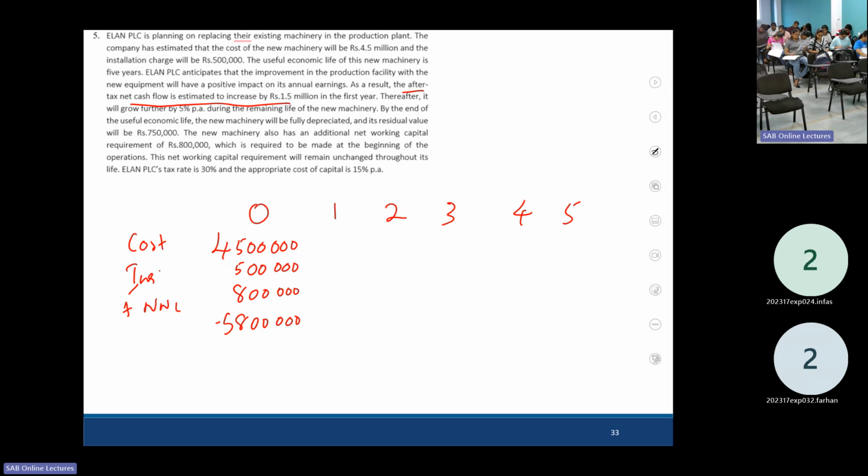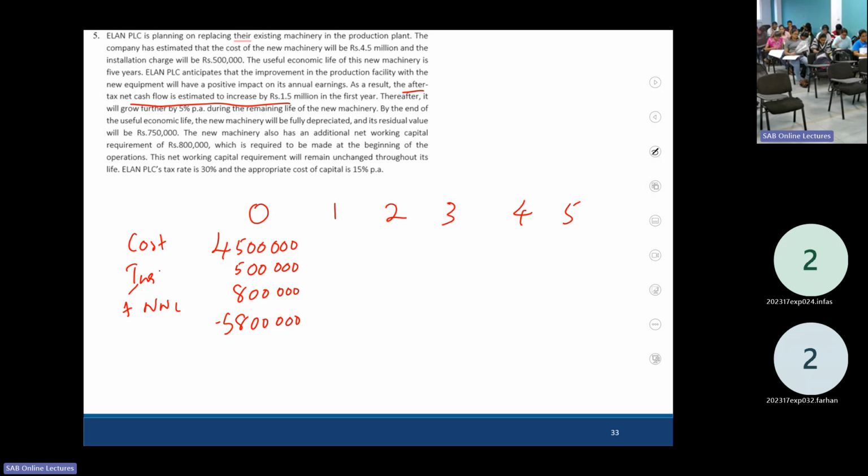You are given not the profit, but the after tax net cash flow. Is it depreciation adjusted or not? Depreciation adjusted. Okay. No need to add back depreciation again.